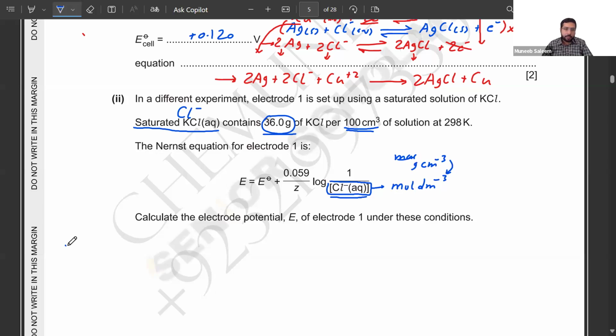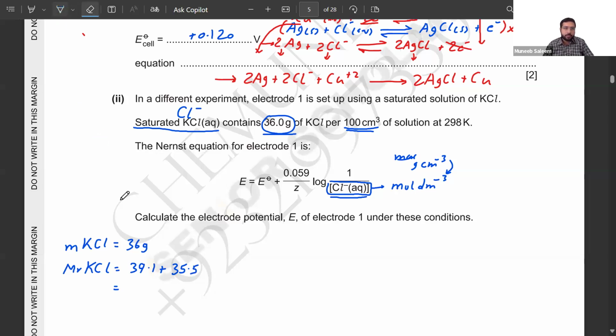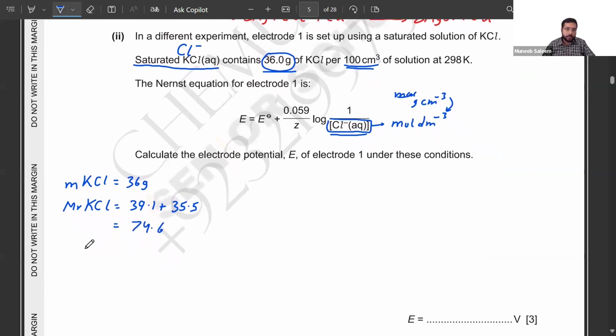The mass of KCl given is 36 gram. The Mr value of KCl then becomes, for potassium, 39.1, and for chlorine, 35.5. When you add them together, you will get 74.6. Now convert this value into the mole.